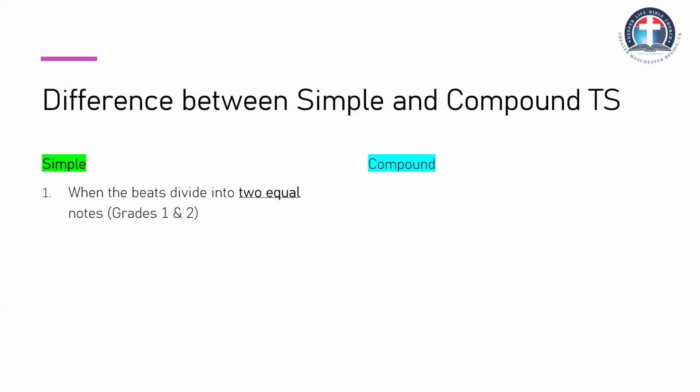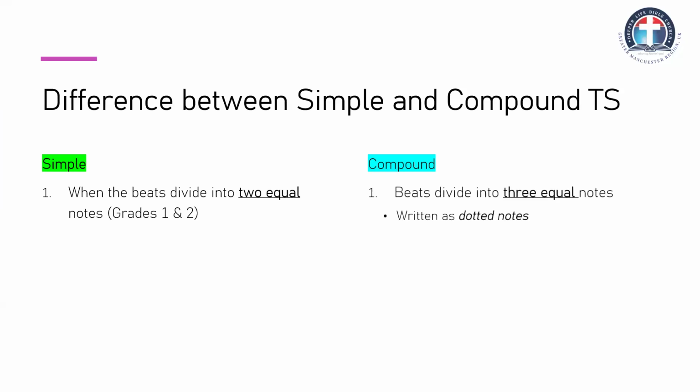Whatever your beat is, for example, if you say 4/4, the beat is crochet. If you say 3/2, the beat is the minim. You can divide that minim into 2 crochets. Or if it is a crochet beat, you can divide that crochet beat into 2 quaver beats. So if the standard beats can be divided into 2 equal notes or 2 equal beats, then that is known as simple time signature.